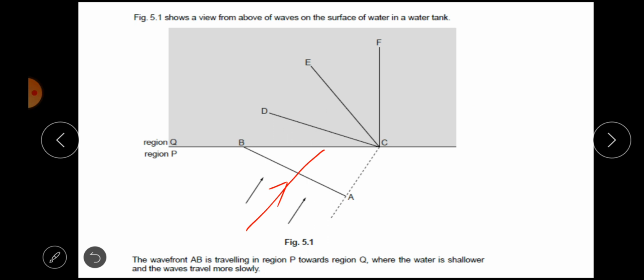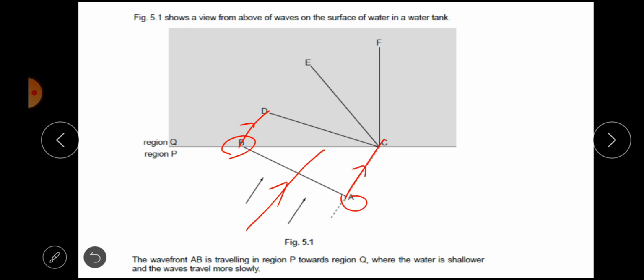Okay, so now let's look at A and B. Here what is happening is that part B has reached the shallow region, and it is going to start traveling slower than A. So the distance traveled now by B is going to be shorter than the distance traveled by A. We can take this one and this one.